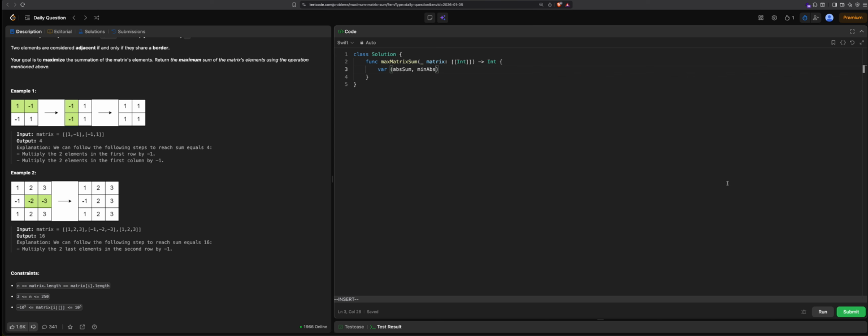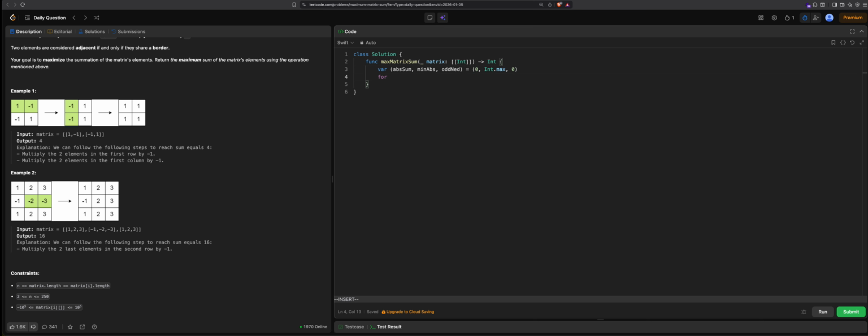Next is the count of negatives, since we want to keep track of how many negative integers we are seeing. Initially I'm going to put the minimum absolute as a max, and the odd negative flag as 0.